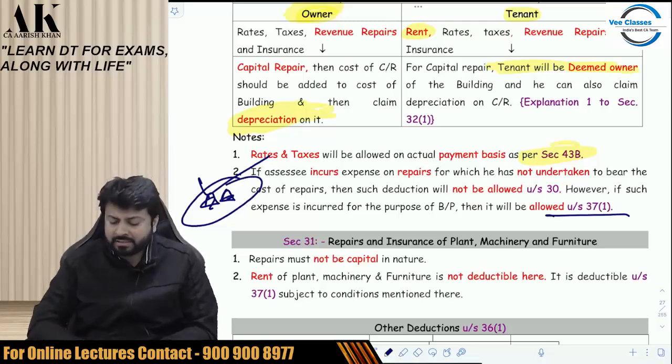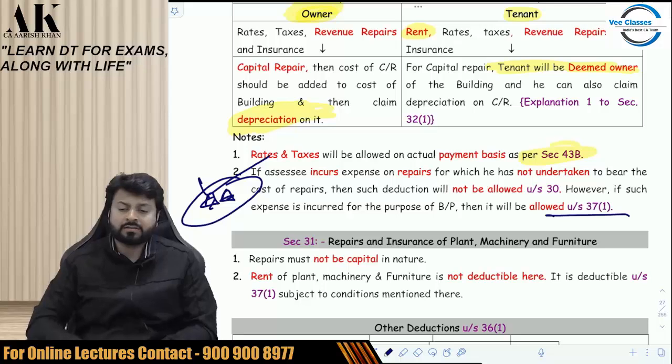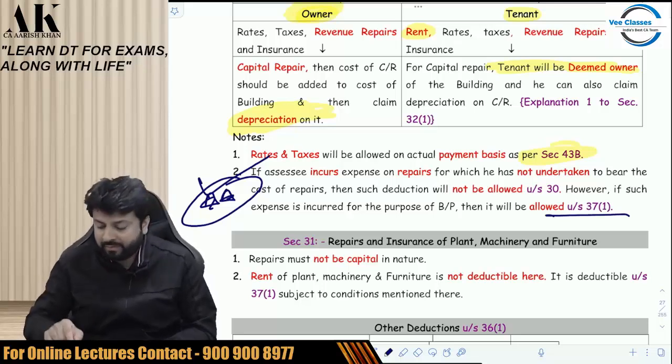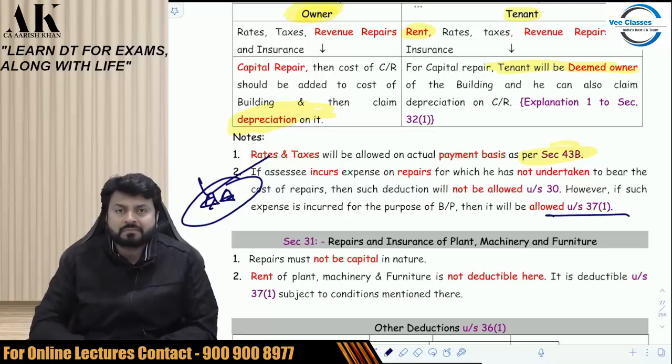If an assessee incurs expense on repairs for which he has not undertaken to bear the cost of repairs, then such deduction will not be allowed under section 30. However, if such expense is incurred for the purpose of business or profession, it will be allowed under section 37(1). Just check it once. It's an important point. Okay. Now coming to what?